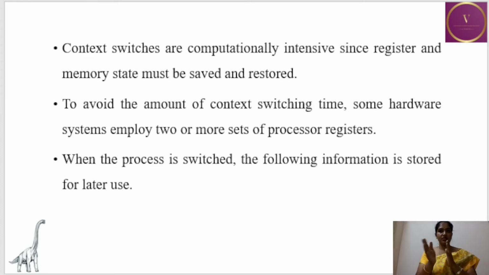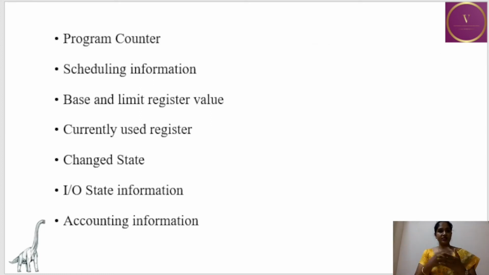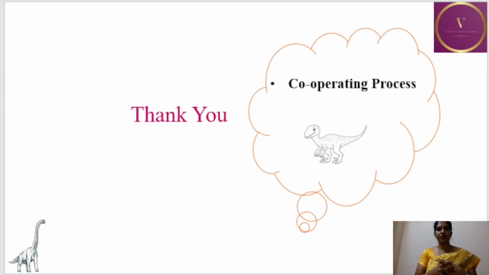When the process is switched, the following information is stored for later use: the program counter, scheduling information, base and limit register values, currently used registers, changed state, I/O state information, and accounting information. These are the pieces of information which are to be saved and restored. So that's all about process scheduling.